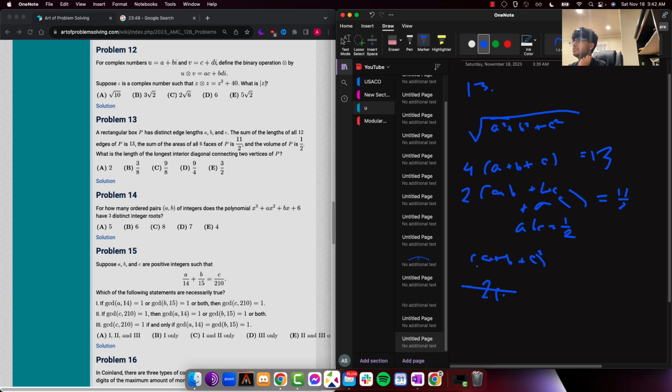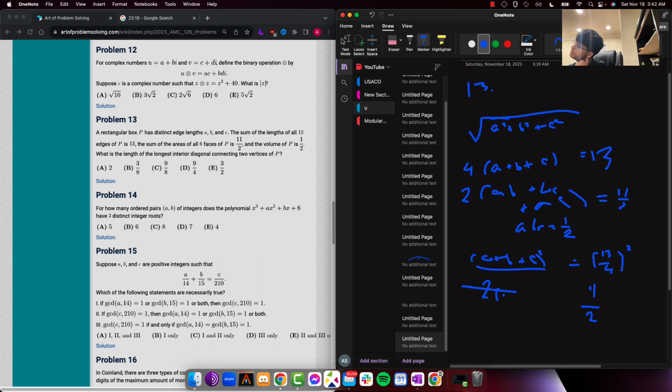So we can do this thing squared, which is 13 over 4 squared. The writing is not going well. 13 over 4 squared, and this is 11 over 2.